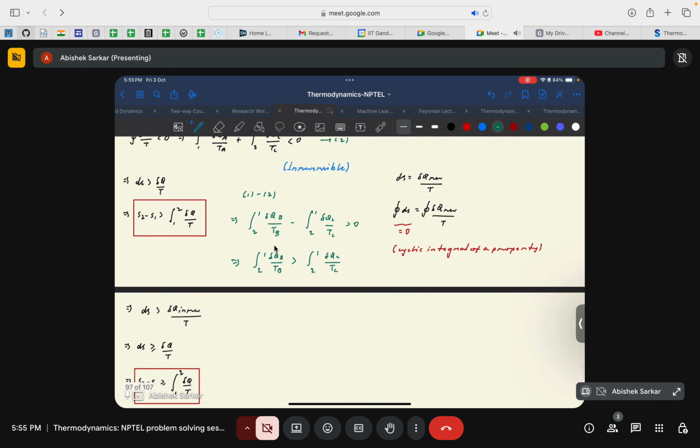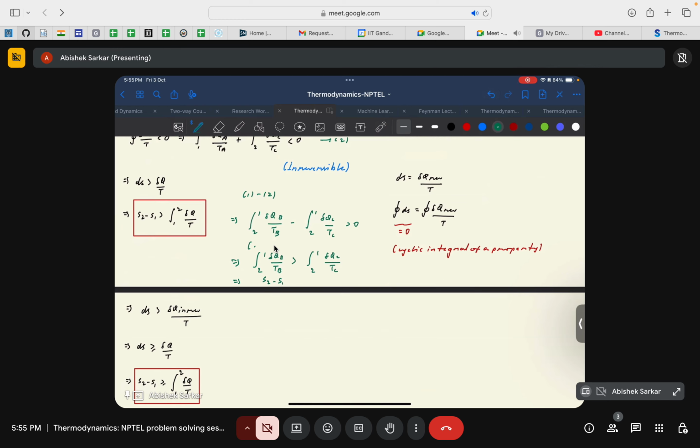Now since this is done in a reversible manner, it represents the change in entropy. So it would be S2 minus S1, since it is a reversible process.